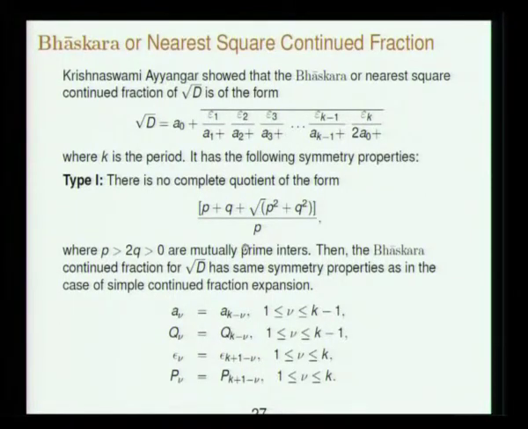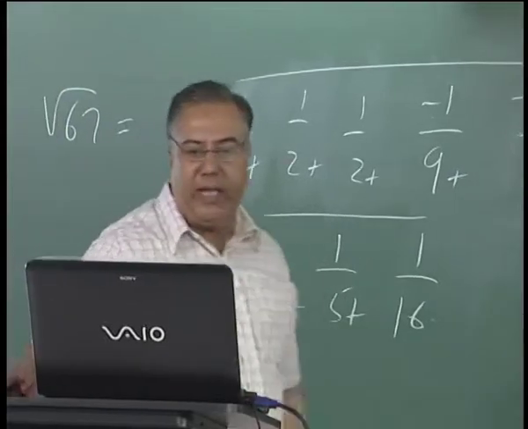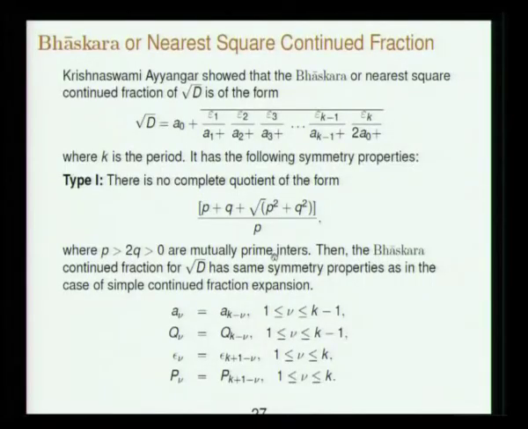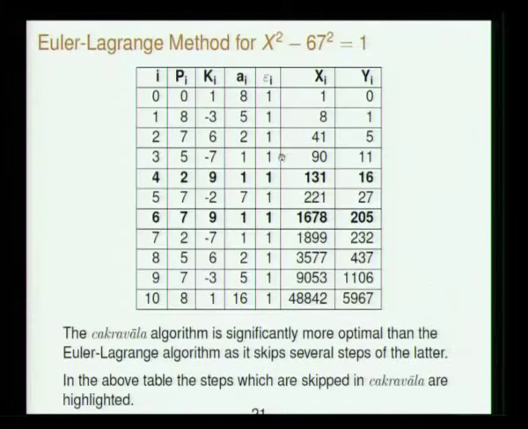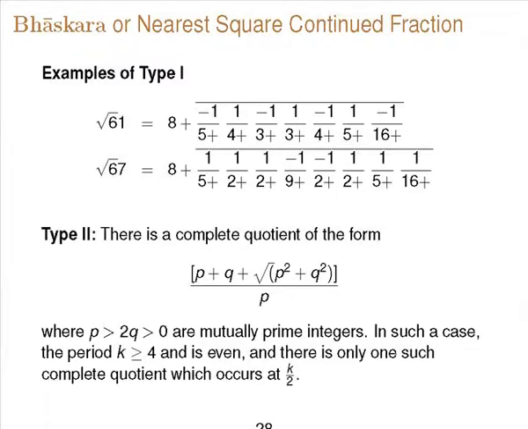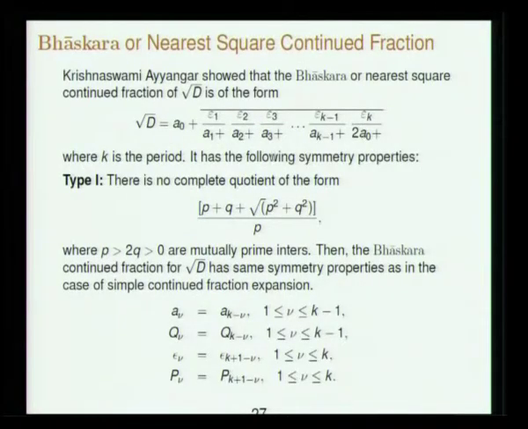Next he also studied the periodicity properties of the continued fraction. Now let us look at the case of 61. You see there is a complete periodicity here, a1 to a(h-1), a(h-1) to a1 and 2a0, a1 to a(h-1), a(h-1) to a1 and 2a0. So similar periodicity exists for the Bhaskara continued fraction also for most of the situations, which Krishnaswamy Iyengar called type 1, where certain kinds of complete quotients do not occur.